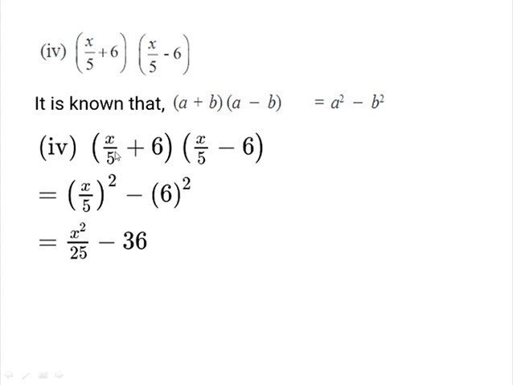So we will write a square, that is (x upon 5) whole square, minus b square, that is 6 square. (x upon 5) whole square is x square upon 5 square, that is x square will remain as it is, upon 5 square is 25. So we will get the first term as x square upon 25 minus 6 square, that is 36. Hence the answer is x square upon 25 minus 36. Children, here we have completed question number 1.